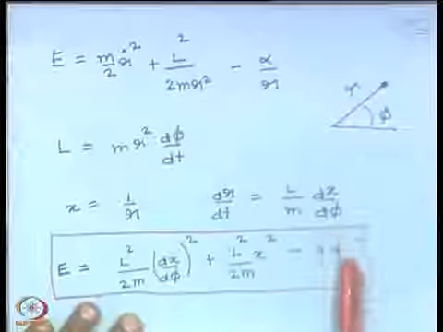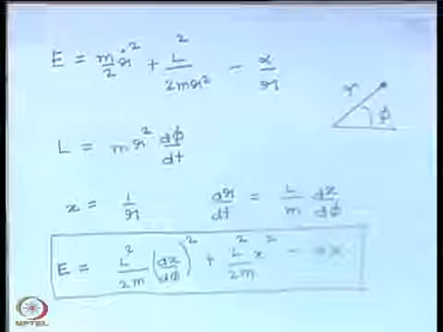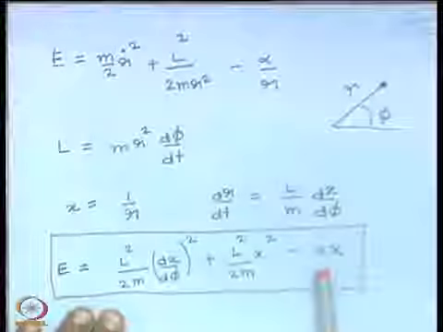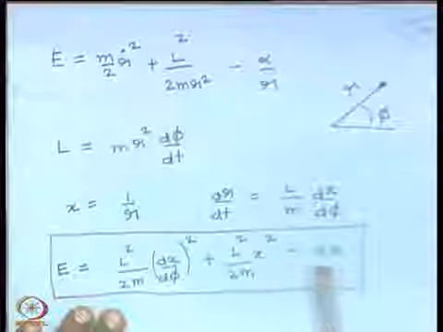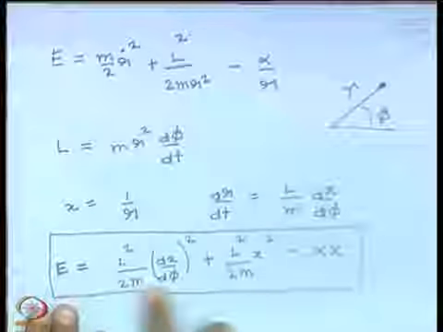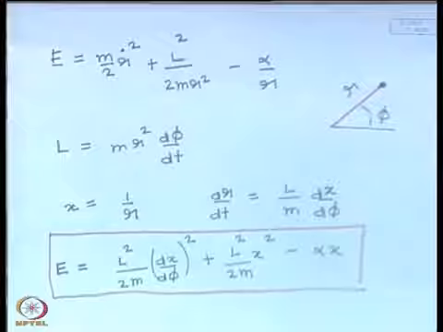The only change would be that instead of alpha x, I would have the other interaction that were there. Okay. So, in case you are interested in some other interaction, you have to just replace this term minus alpha x with something else. Okay. So, this is the final expression for x in terms of phi.